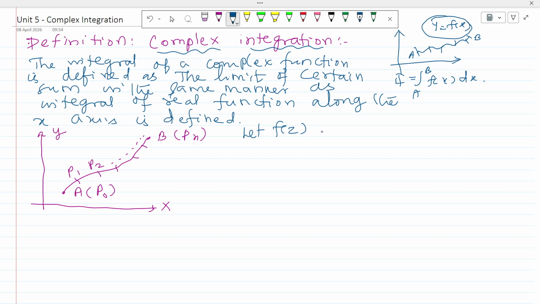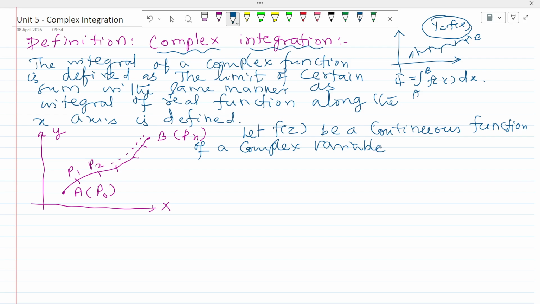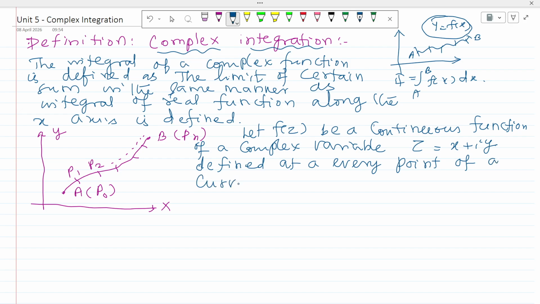So let f of z be a continuous function of a complex variable z equal to x plus iy defined at every point of a curve. Take that curve is C.